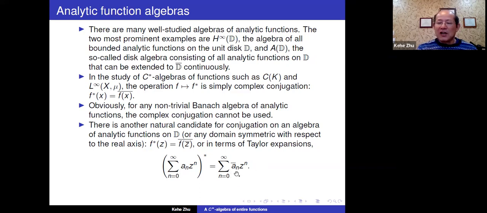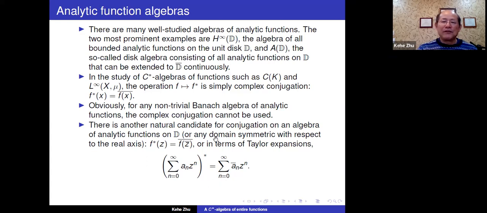And then it is easy to check that the original function is analytic on the whole disk if and only if this function is analytic on the disk. And in many cases, this operation will leave the space invariant. For example, if you consider the disk algebra, this operation is well defined on the disk algebra.